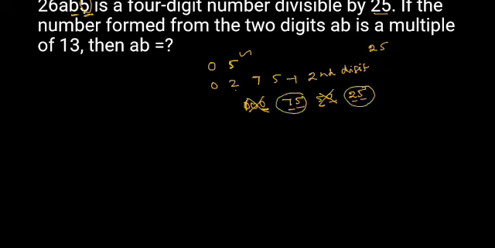Now it has also been given that B value can be 7 or 2, but the value AB should be a multiple of 13.